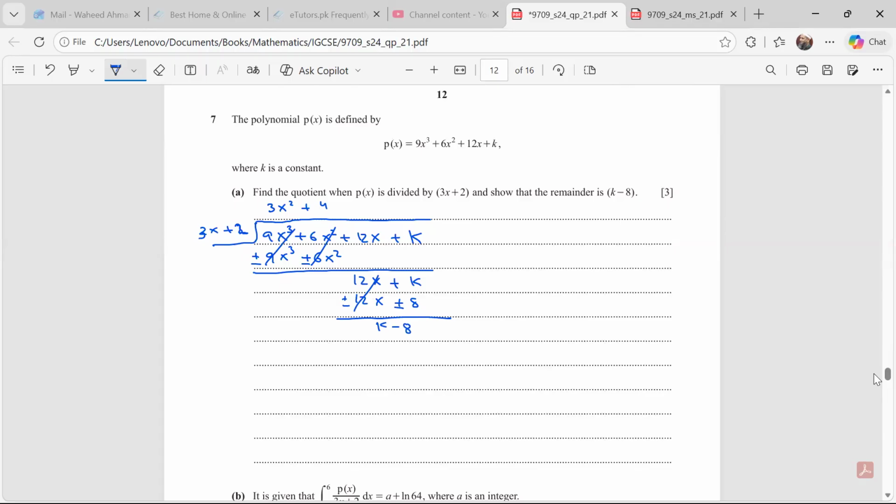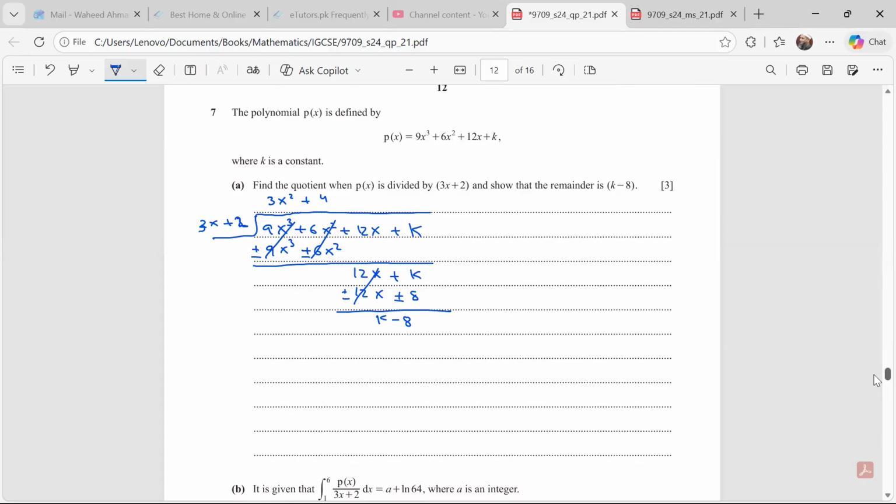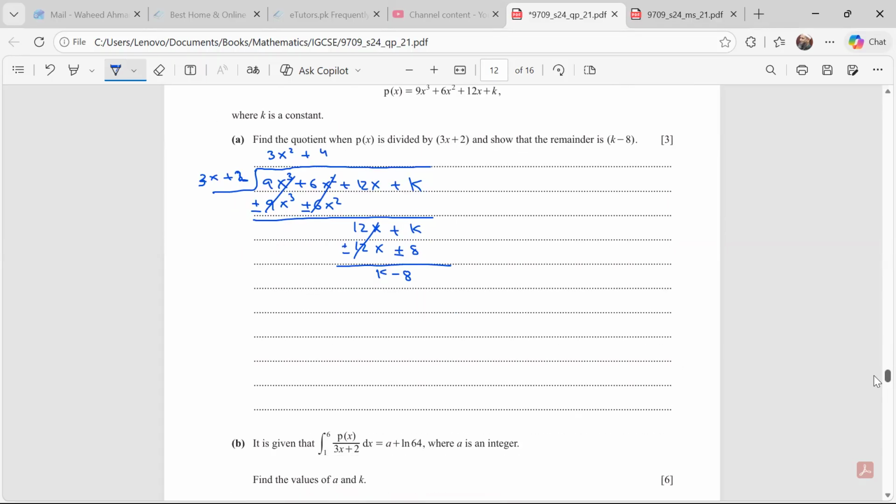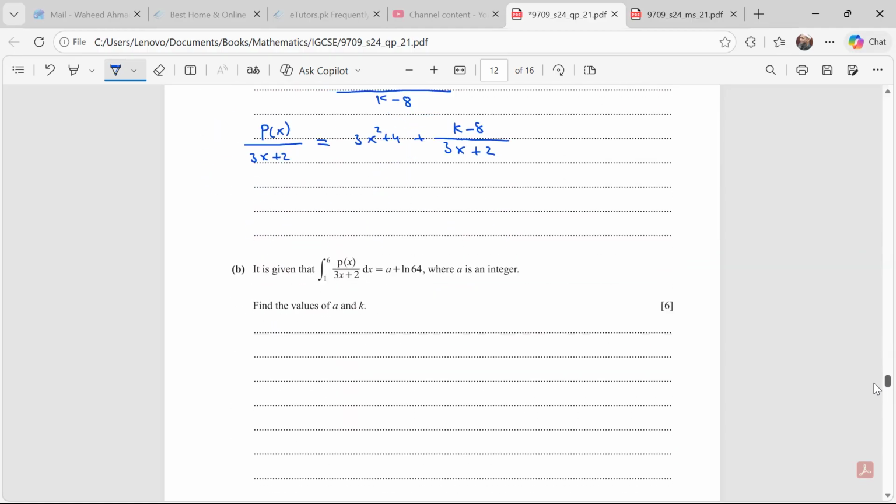Okay, so basically what we saw over here is that this polynomial p(x) divided by 3x plus 2 can be written as 3x squared plus 4 plus k minus 8 divided by 3x plus 2. Is that clear? This long division gave us this expression. Now this will be used in the next part.